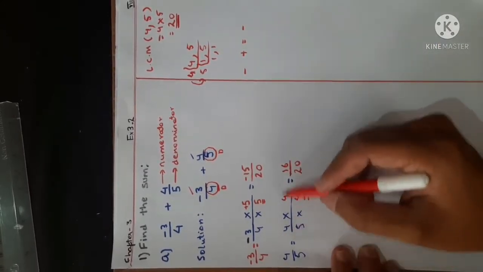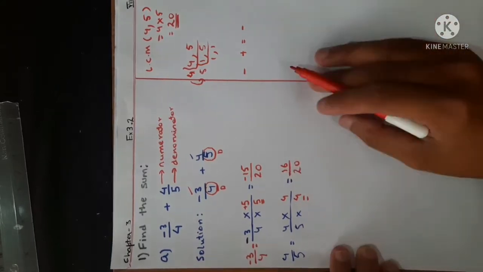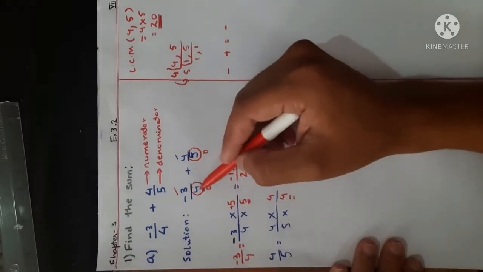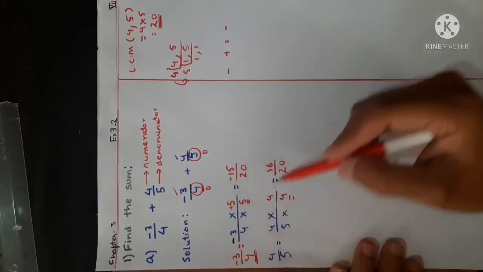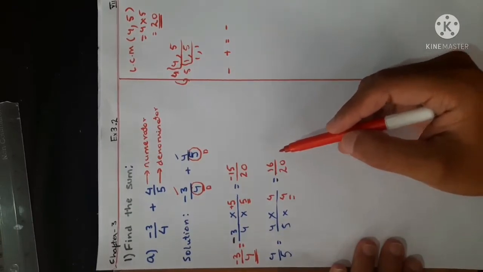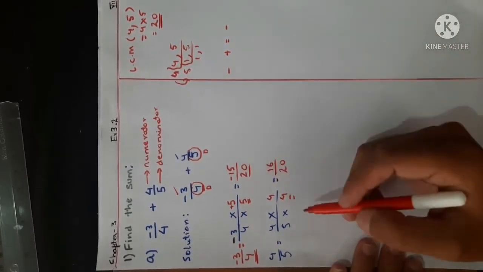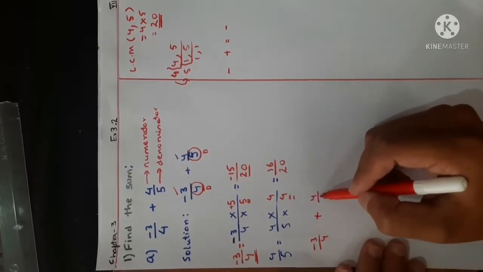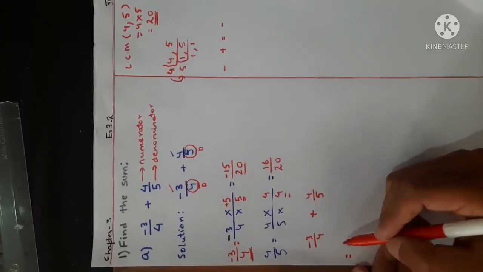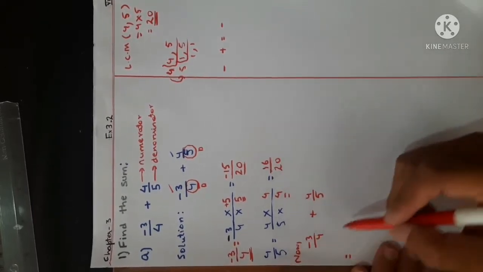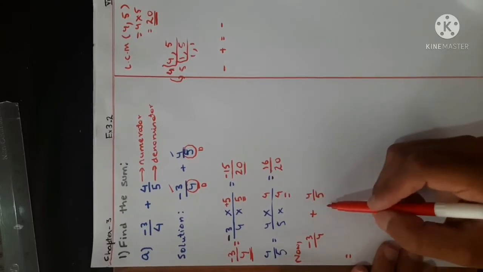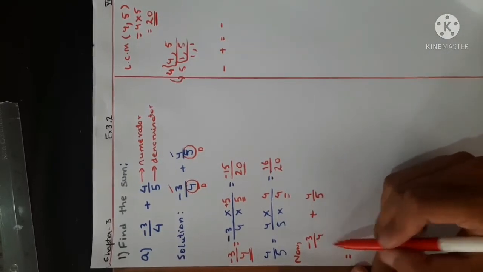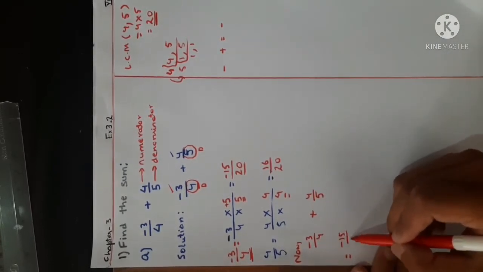This is plus 4, so plus into plus will get plus. So hence we do not write anything there. Now the equivalent value of minus 3 by 4 is minus 15 by 20, isn't it? So minus 3 by 4 plus 4 by 5 will be equal to: in place of minus 3 by 4, we write minus 15 by 20.